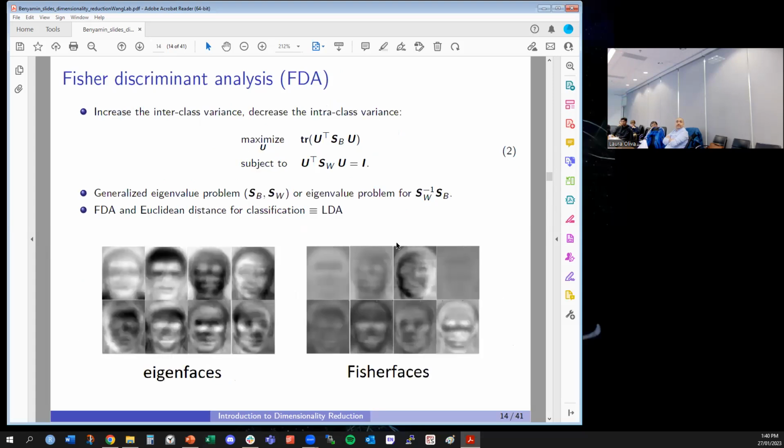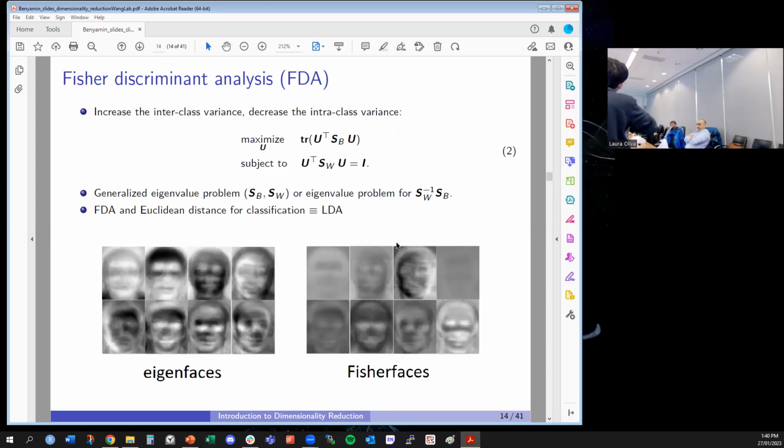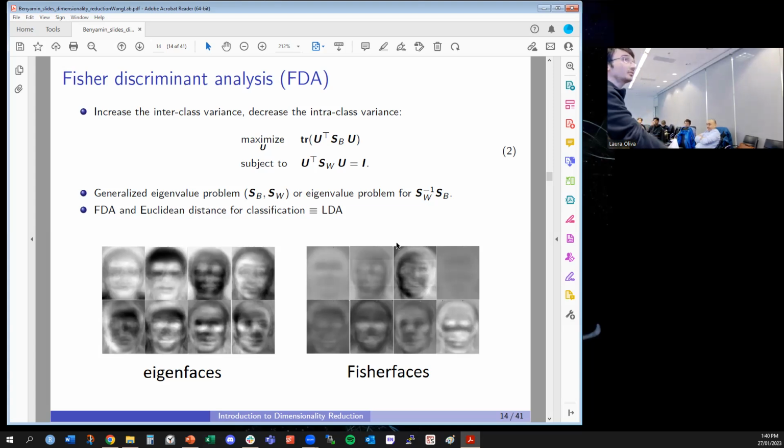Yes, because when you do eigenvalue decomposition, most of this form of optimization reduces to an eigenvalue or generalized eigenvalue problem. And as you are maximizing or minimizing, if you are minimizing, you sort the eigenvectors from smallest eigenvalue to the largest eigenvalue. If you are maximizing, you sort the eigenvectors from largest eigenvalue to the smallest eigenvalue. And that's why they have an order of importance.